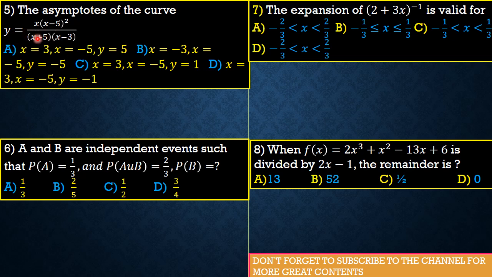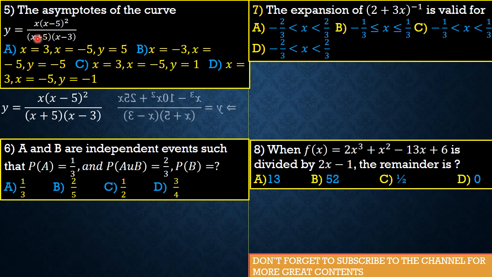As such, since this is a fractional function, to get the domain of definition, we can start by simplifying the top. If we expand the top, we are going to have x cubed minus 10x squared plus 25x.